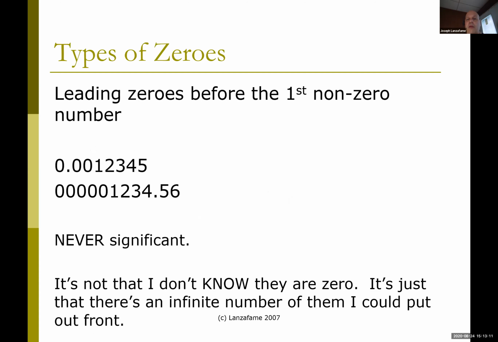Leading zeros are also actually known, but because there's an infinite number of them, they're not viewed as ever being significant. What I mean is you can always put a 0 out in front of a number. It doesn't change anything. 123 is a number. 0123 is the exact same magnitude number, because I know 123 has 0 thousands, 0 ten thousands, 0 ten millions.